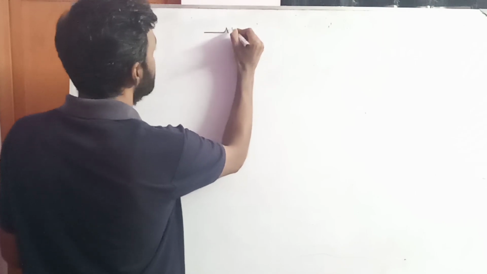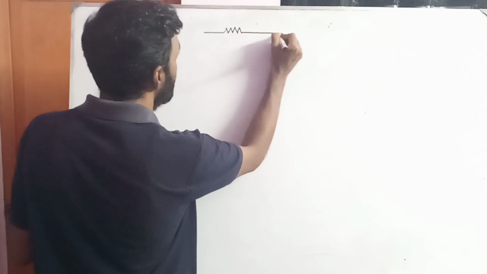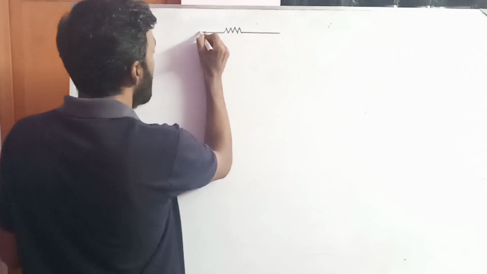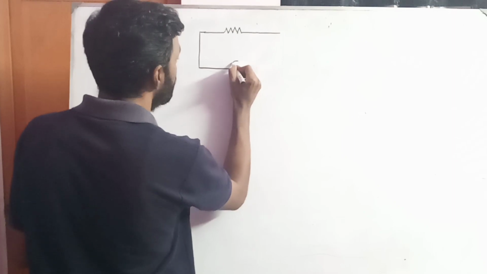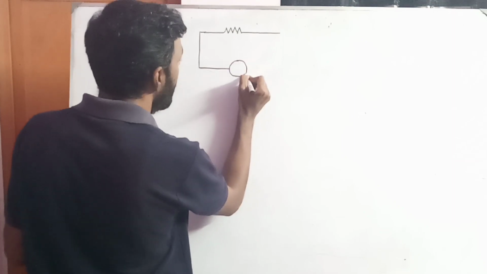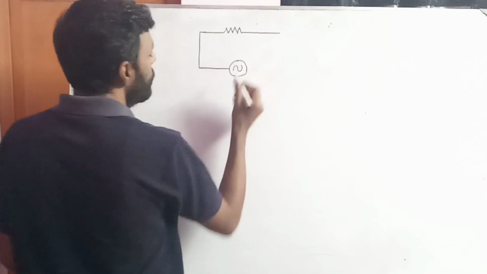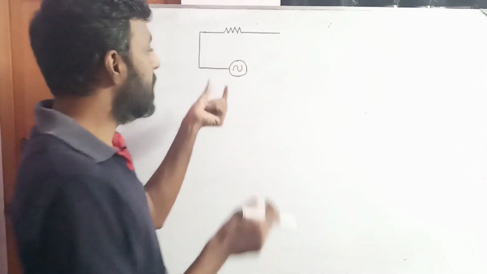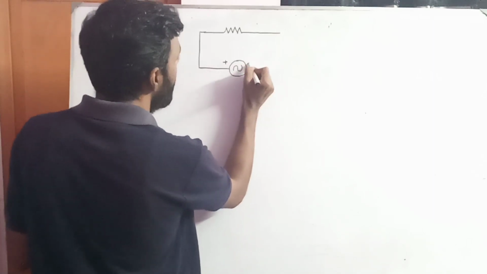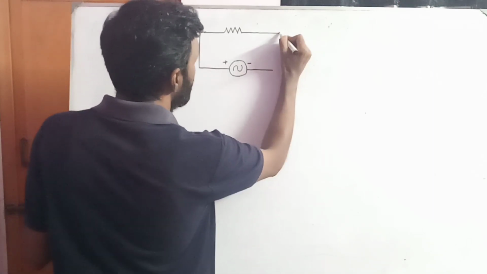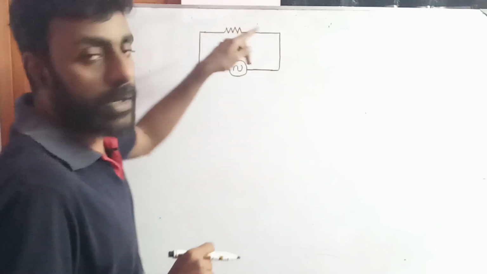This is the resistor, and I am connecting an AC source, which is nothing but a sinusoidal voltage applied here. This will be plus and this one will be minus, which is connected with the resistor.